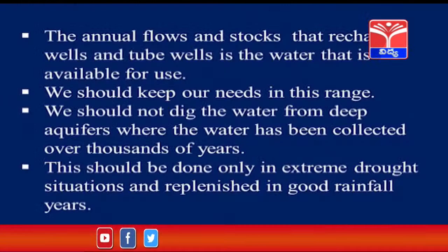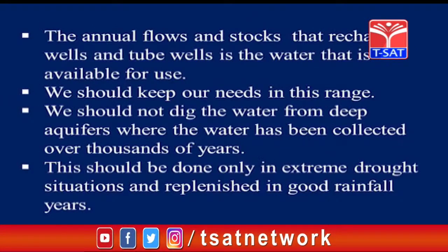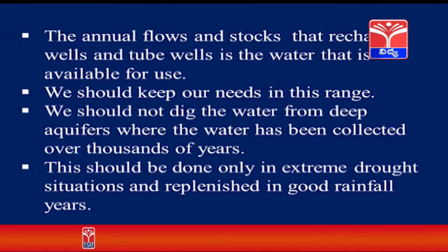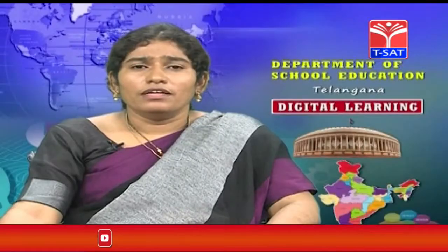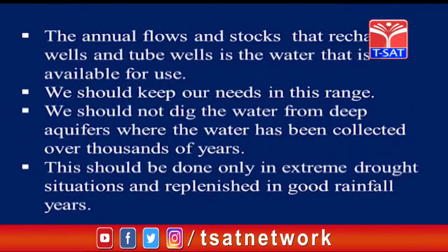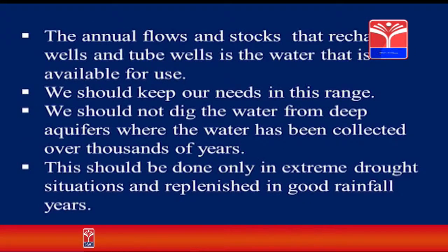So what is the solution to this? The solution is the annual flows and the stocks that recharge wells and tube wells. This water, the annual flows through the rains and rivers, the inflows, is already available, and the stock of water available in the recharge wells and tube wells is also already available, and that should be our range of utilization of water.